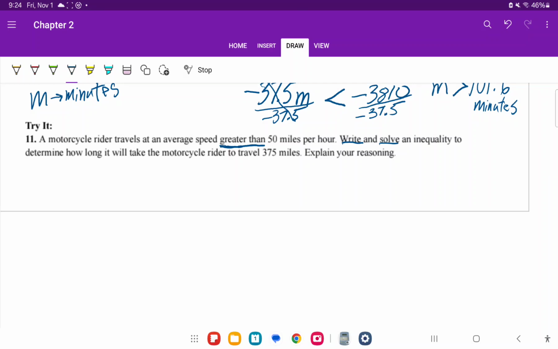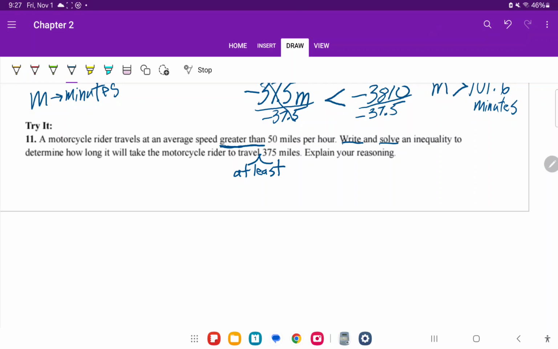All right, now what we're going to do is put in here the words at least. At least 375 miles. Okay? So for your paper, it's probably already in there, but it's not in mine, so I need to add that in.